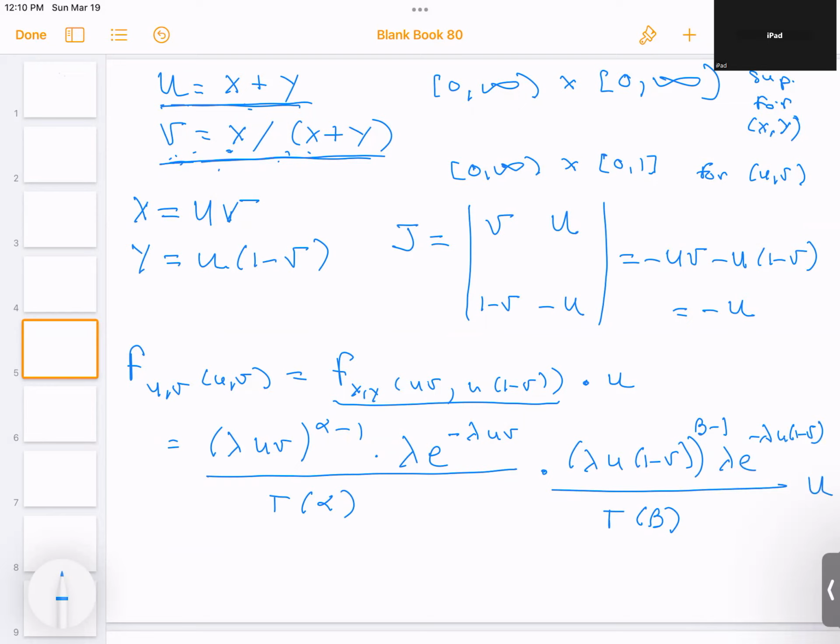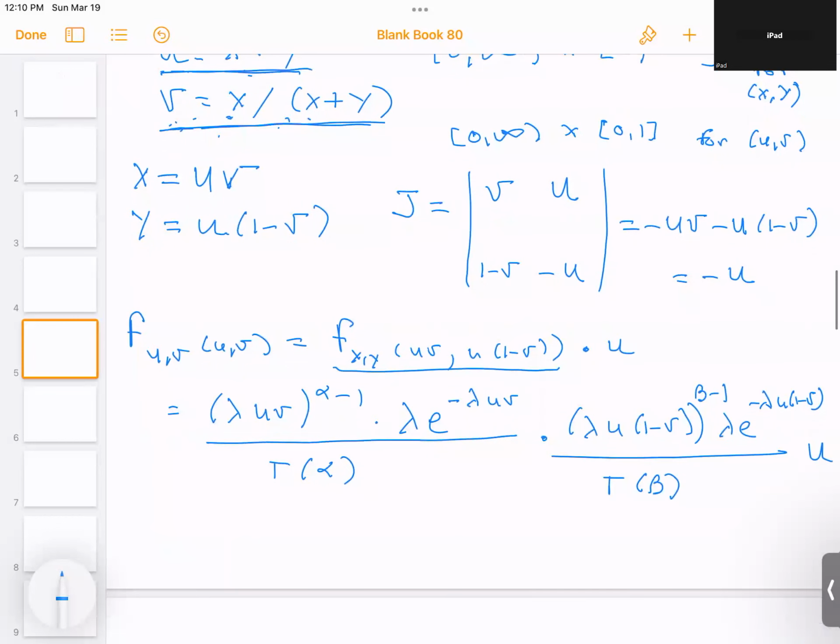So need to collect the terms a bit here. If I take my lambda terms, I have lambda to the beta minus 1, lambda to the alpha minus 1, that's just lambda to the alpha plus beta. And in the bottom, I have just this.